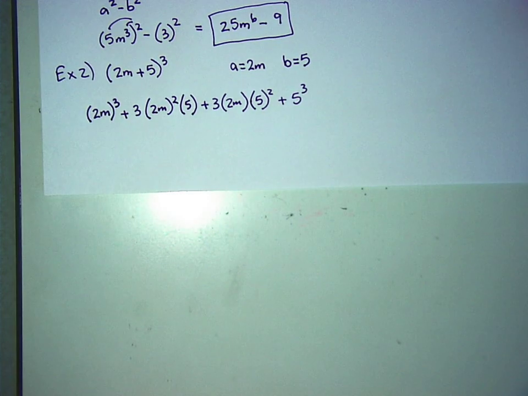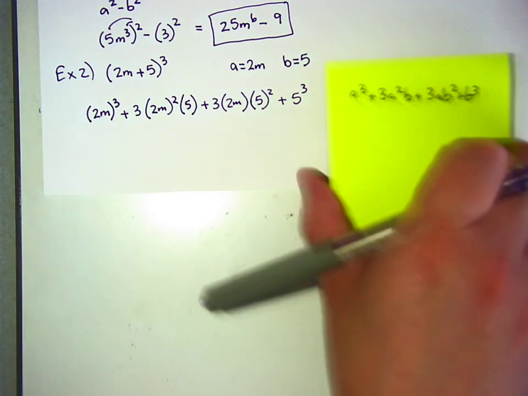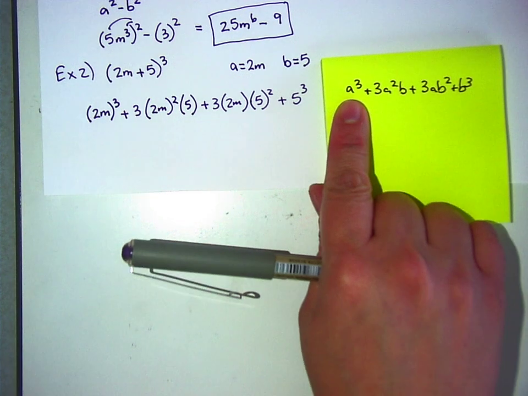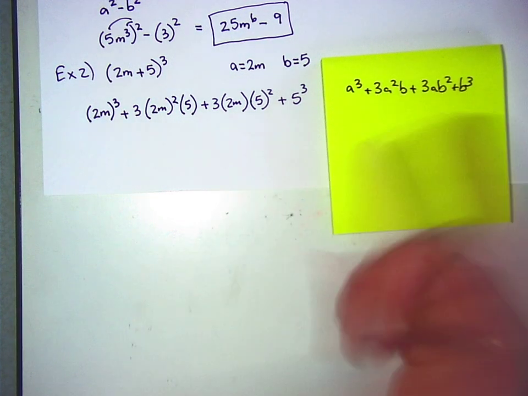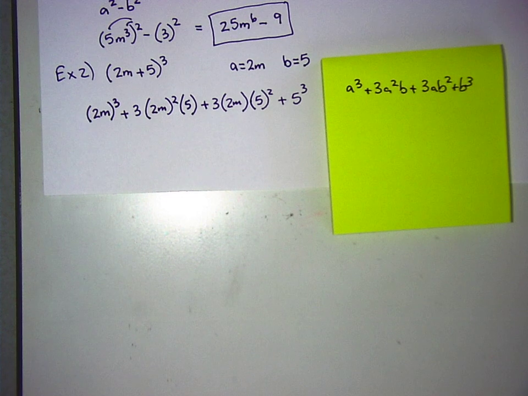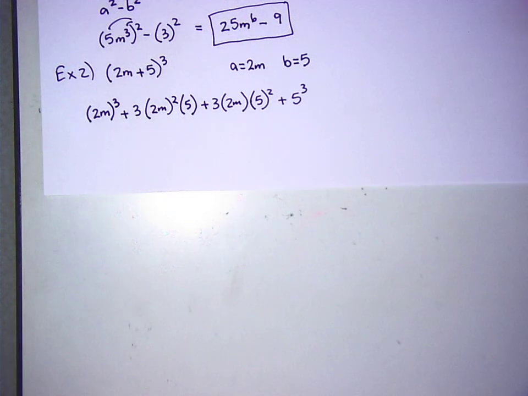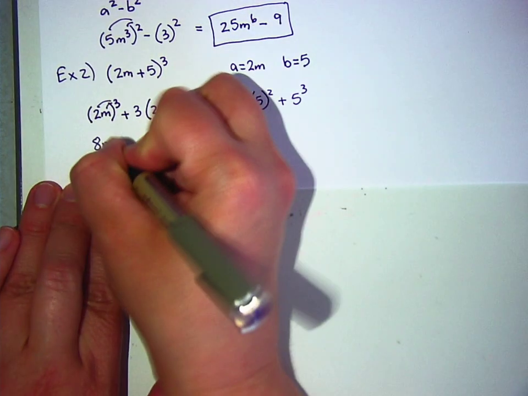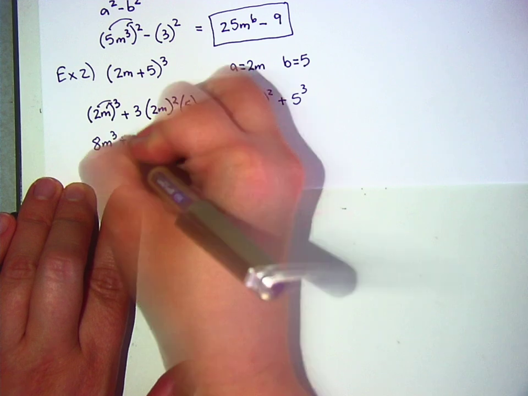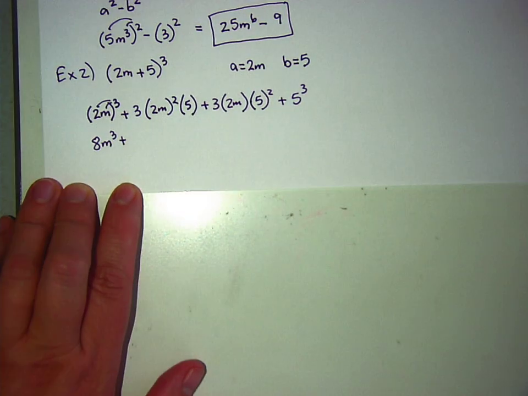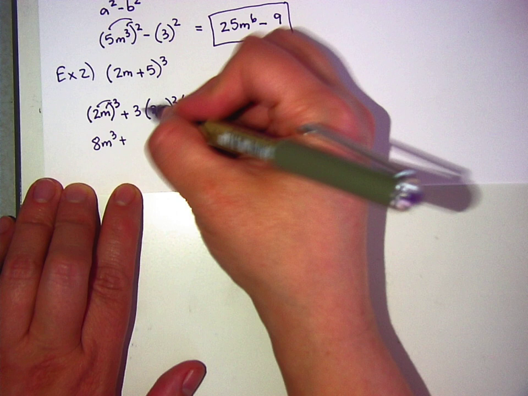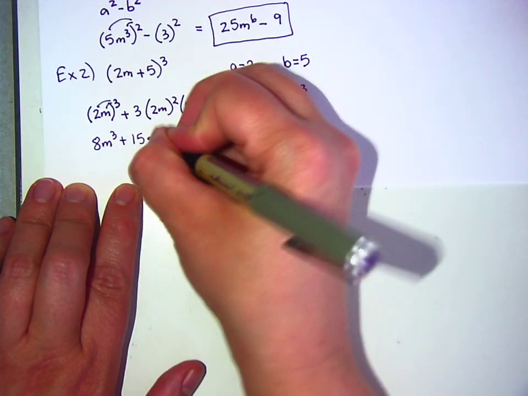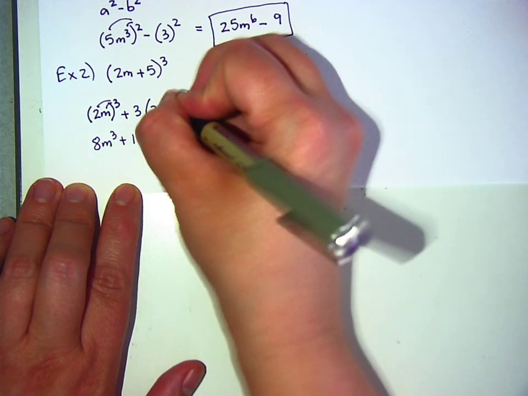That's me just plugging in A's and B's. So I used this formula, the formula that was number 4 on my sheet. And then anywhere I saw an A, I plugged in 2M. And anywhere I saw a B, I plugged in 5. And now I've got to simplify. Third power goes to both. That's 8m to the third. Plus, let's see, I can multiply things in any order, so I'm going to do that 15 first. 15 times 4m squared.